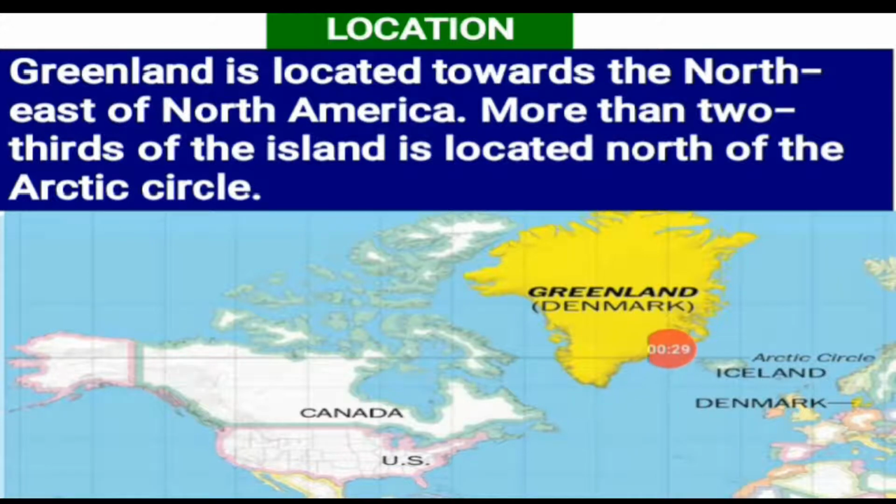More than two thirds of the island is located north of the Arctic Circle. This is the Arctic Circle, and to its north, that means this side, Greenland is located.